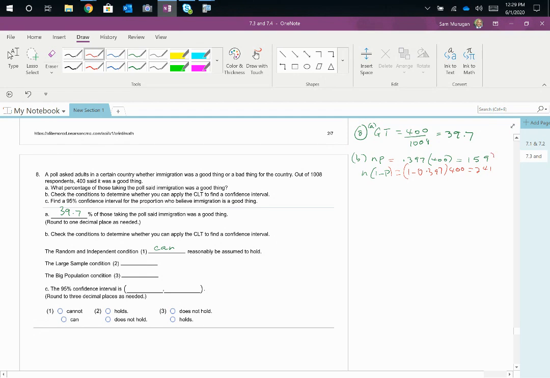So both of these numbers are greater than 10, which means the large sample condition holds.